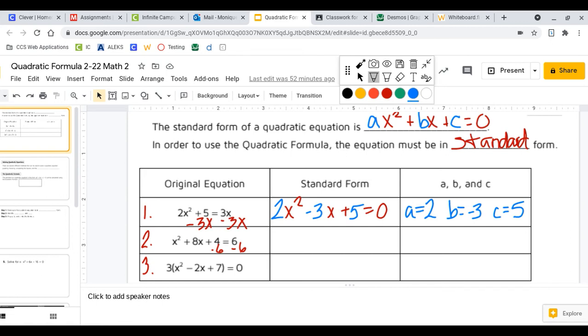So I have x squared plus 8x, and then I combine the 4 with the negative 6, which gives me negative 2.